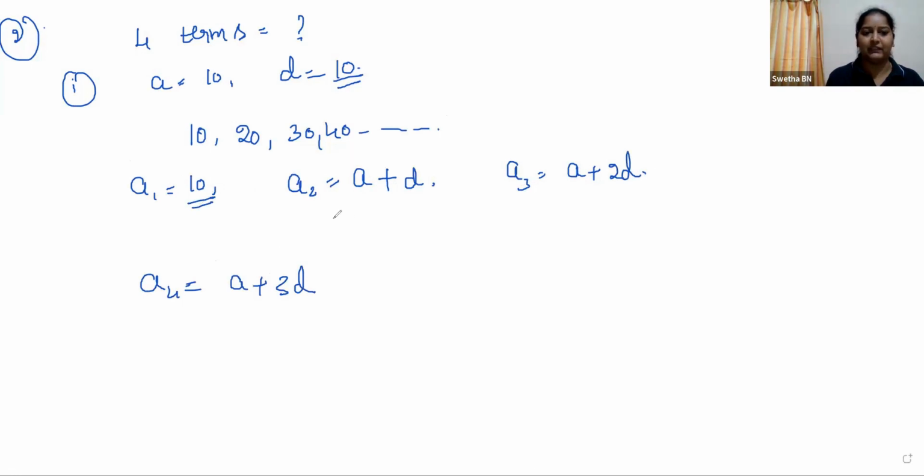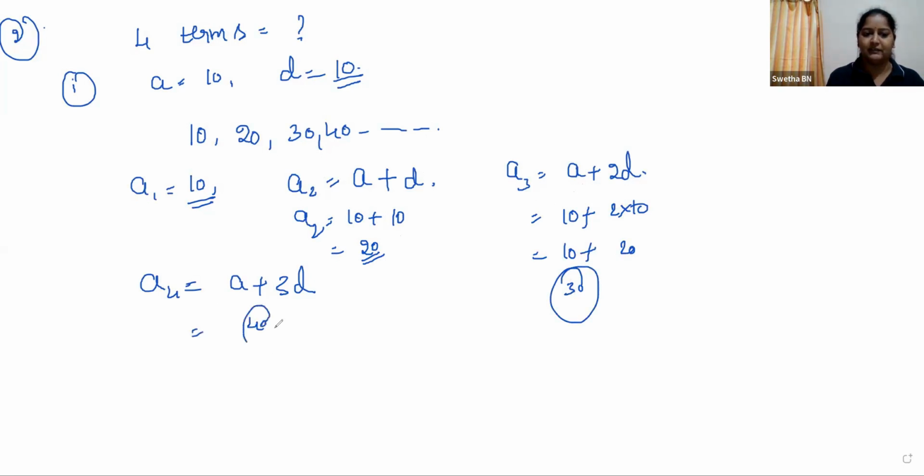So we have A1 here, and A2 is equal to A plus D, where A is 10 and D is also 10. So it is 20. The second term is 20. A3 is A is 10 and 2 into D is 20, 10 plus 20, that is equal to 30. So like this we get 40. They are asking to find 4 terms. So 10, 20, 30, 40 are the first 4 terms.